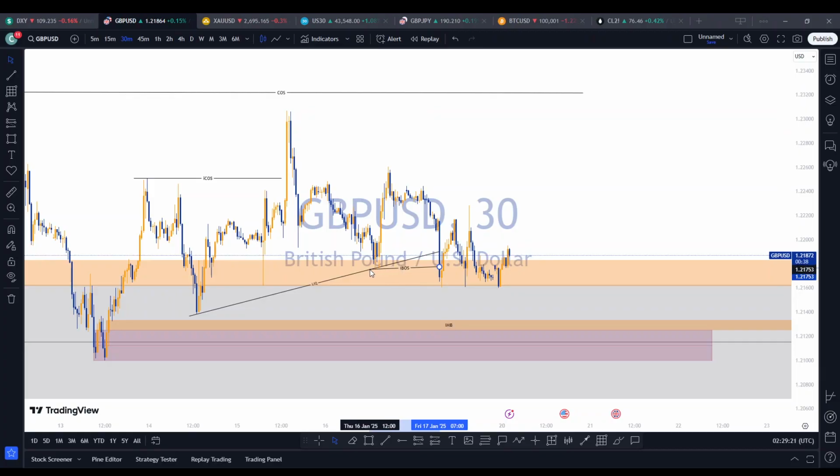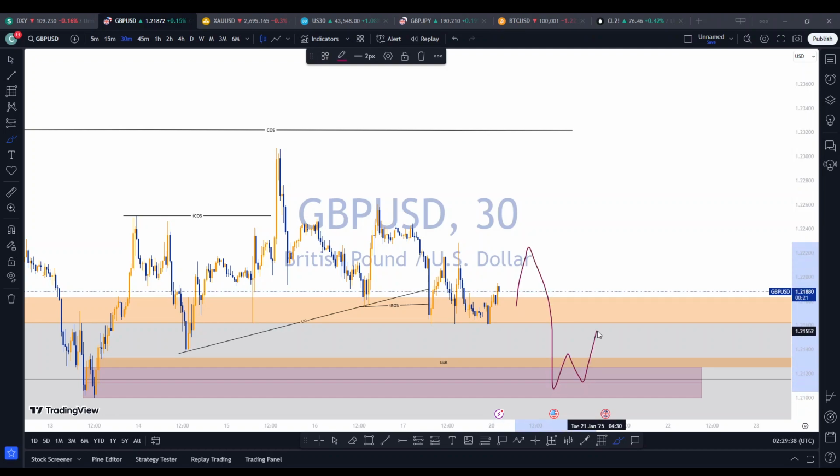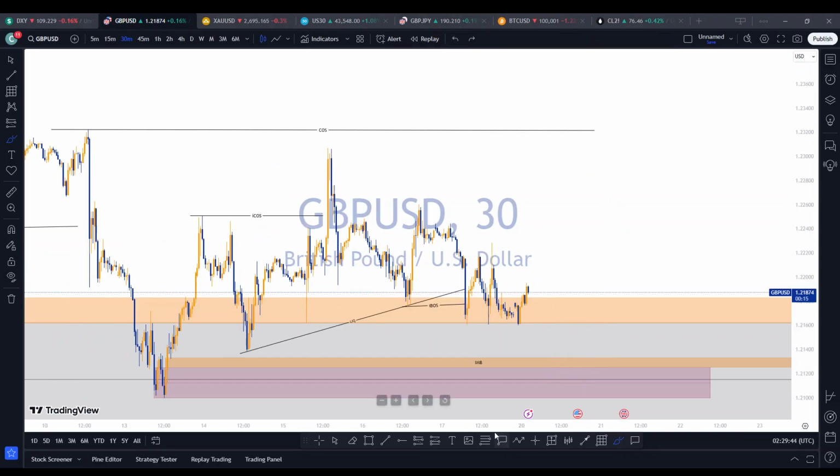So there is that possibility that the market might still push. I'll be a little more confident if the market pushes down and we take our entry somewhere around here, and then push to the upside. So I think we might still push to the downside.